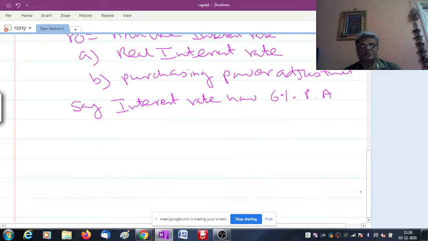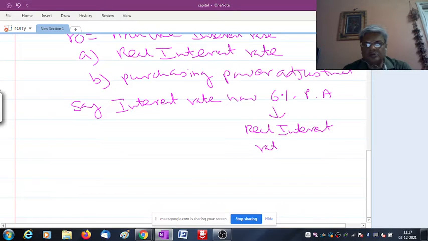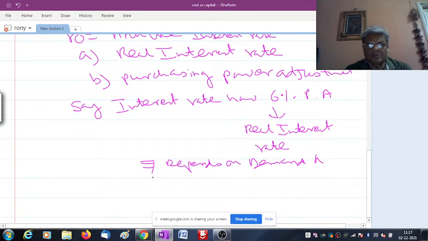So this will be called the real interest rate because it depends on demand and supply of funds.